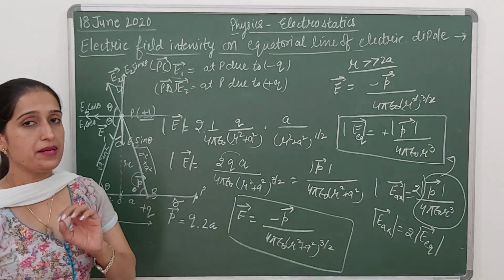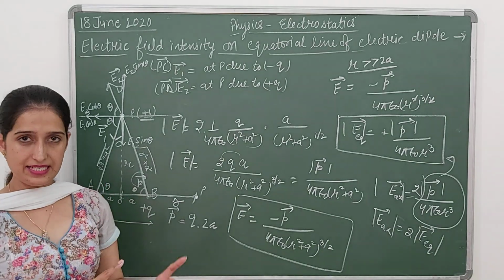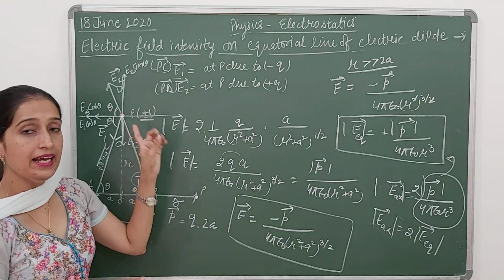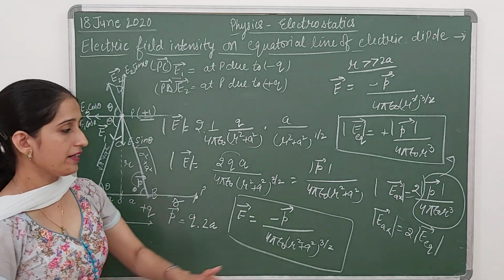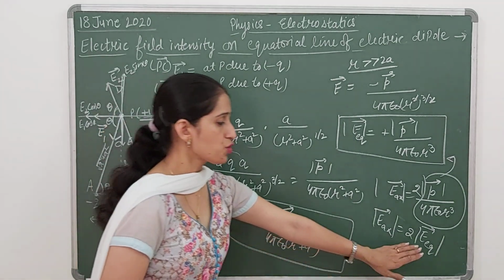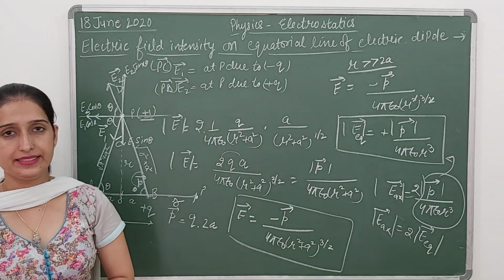So if we measure the electric field intensity at the same distance, first on the axial line then on the equatorial line, we find that on the axial line the electric field intensity is twice that on the equatorial line.